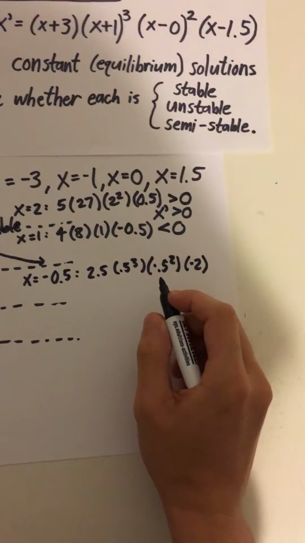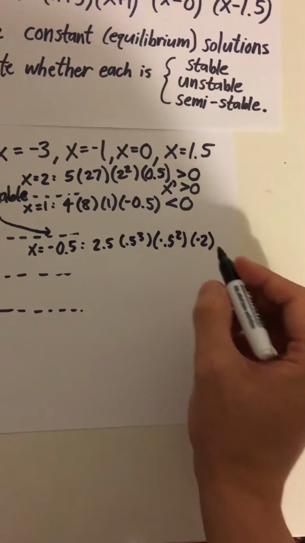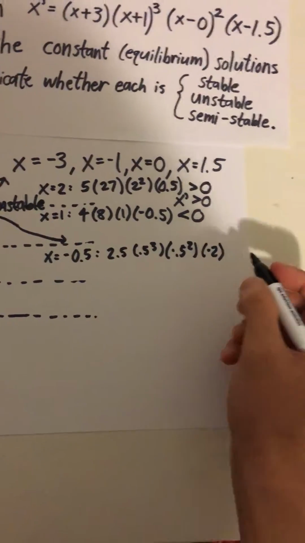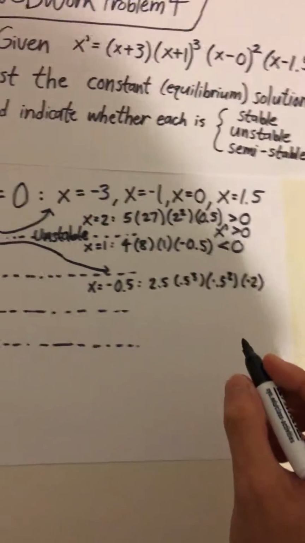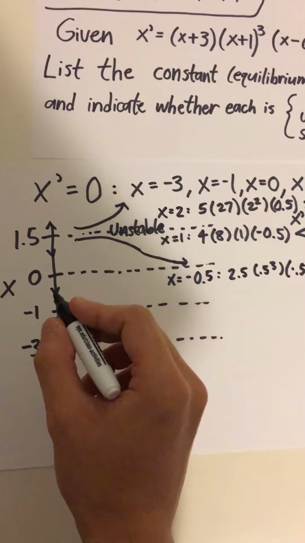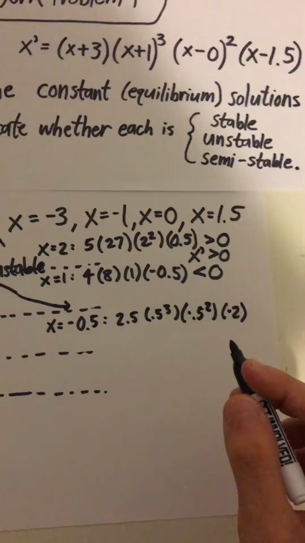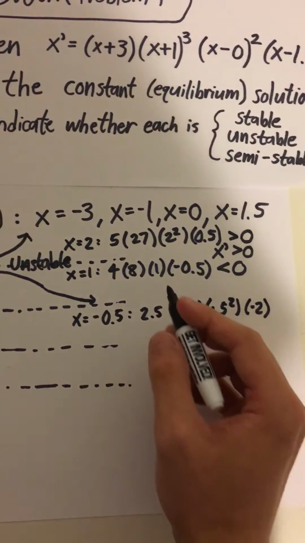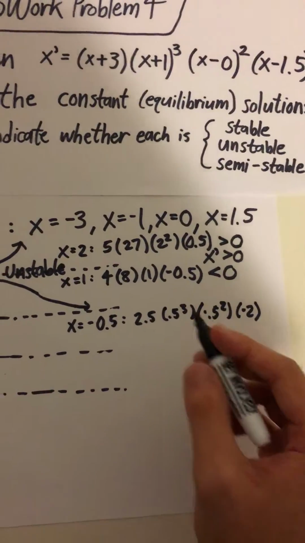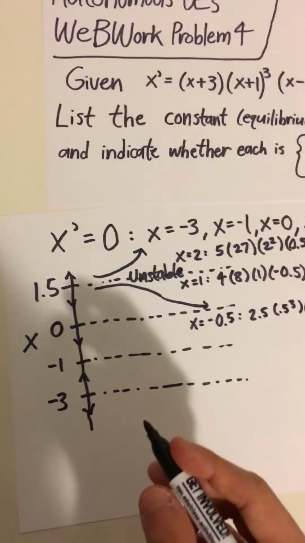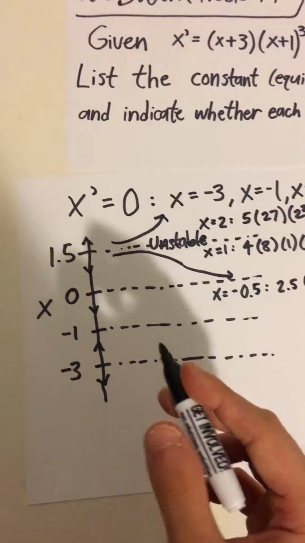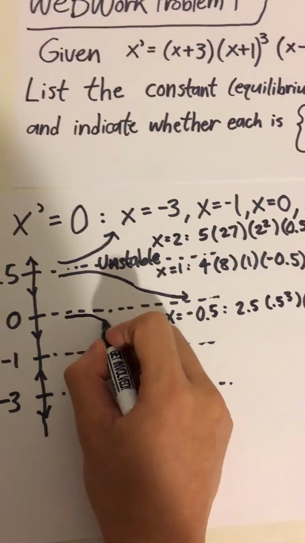Now we see that this squared is going to make this positive, and this negative 2 is going to make the entire thing negative. So this is indeed going to continue being negative. As you saw before, this squared means that whatever's inside doesn't matter, and that's why I was able to guess that the signs are going to remain the same. So this is going to decrease, kind of like this.